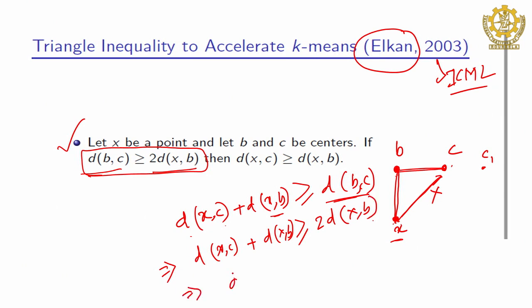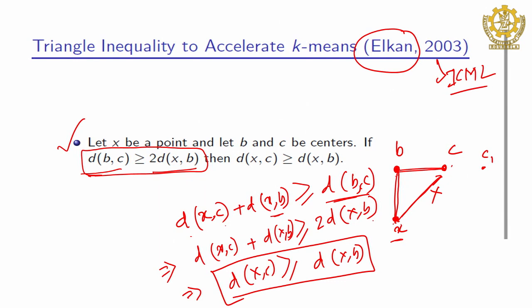From here you can write distance from x to c is greater than or equal to distance of x to b. Therefore, if you know this distance and this distance, you can compare, and if it does not satisfy, in that case you have to compute the distance, there is no other choice. But if this satisfies, then you can avoid many distance computations.